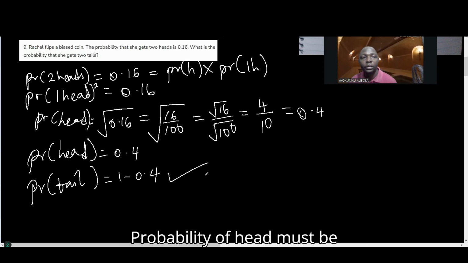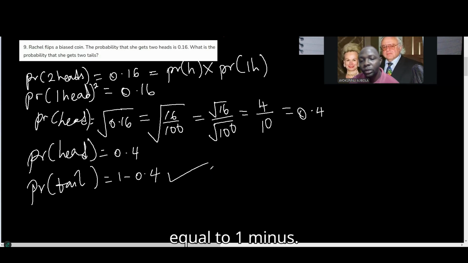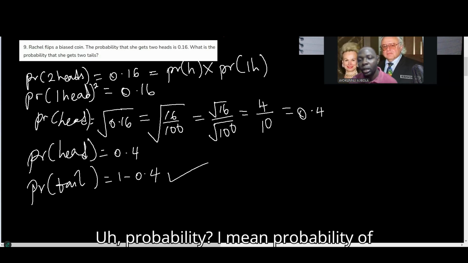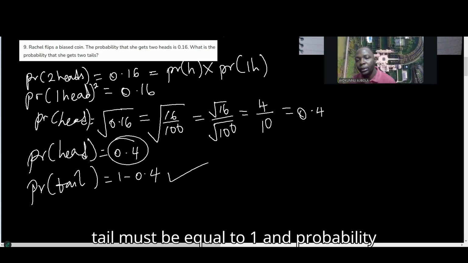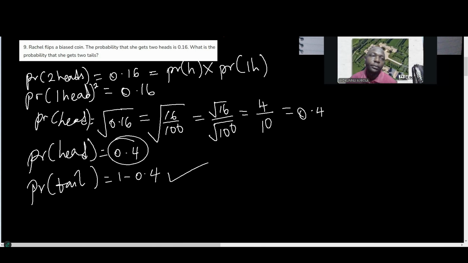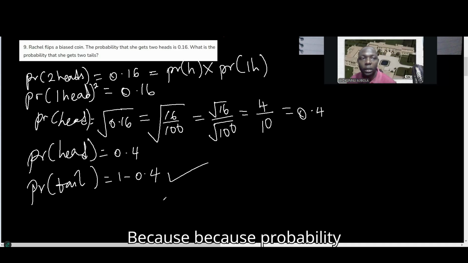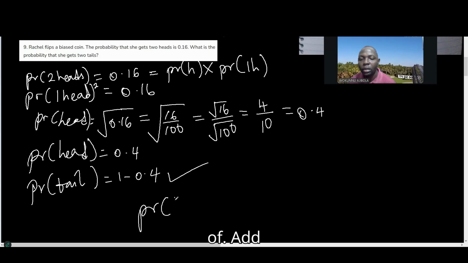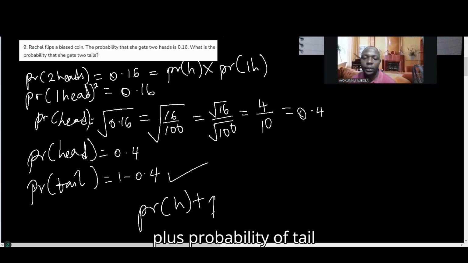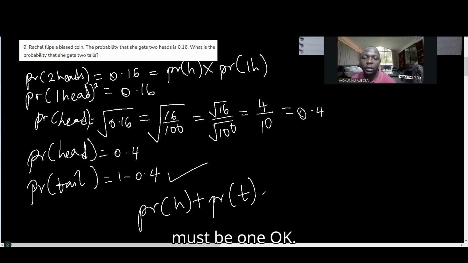Probability of tail must be equal to 1 minus probability of head, right? Because probability of head plus probability of tail must be 1.